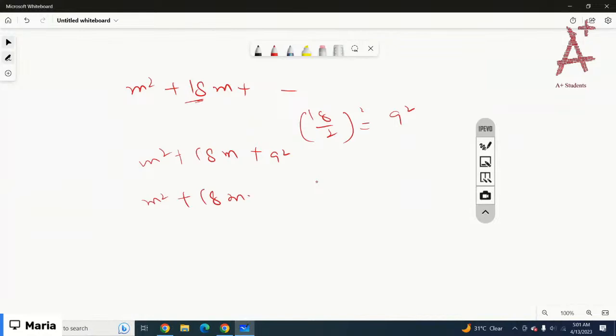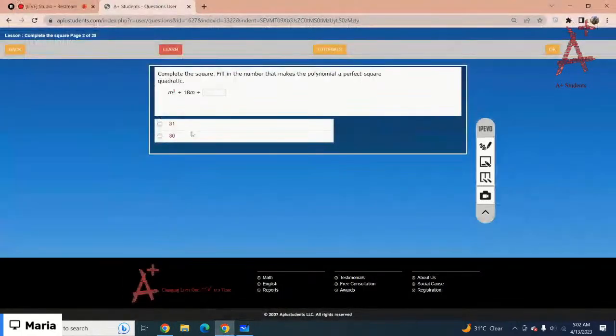So it would be m square plus 18m plus 81. So that would be option number 1 is the correct option.